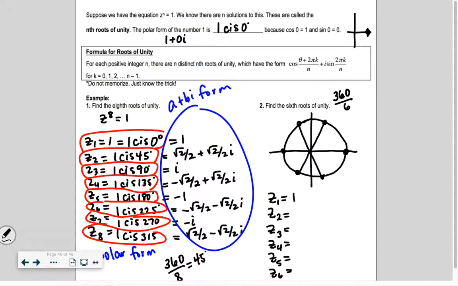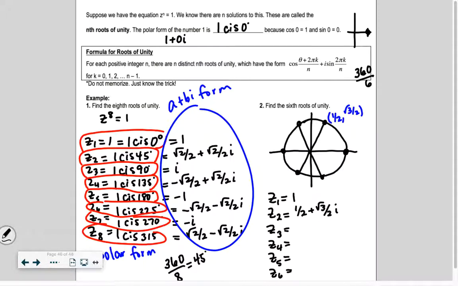So z1 is just 1. It's one of the answers for z to the 6th equals 1. The second one is over 1/2, up root 3 over 2. So in a plus bi form, it's 1/2 plus root 3 over 2 i.